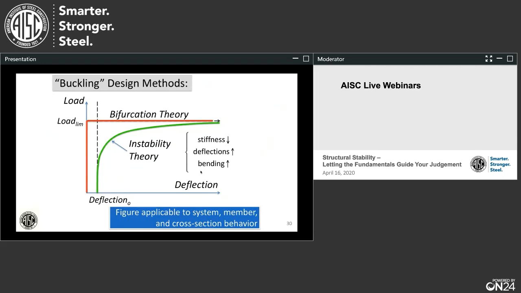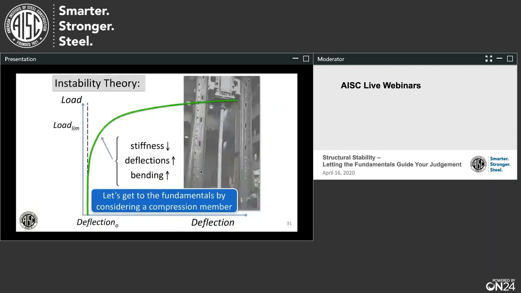The other possibility is what I'm terming an instability theory to represent buckling, and that is you start with some small imperfection, some perturbation that grows. So let's start with a column. Over on the right is a column test that was done years back at Lehigh. My plot here on the horizontal axis will be the lateral displacement, and on the vertical axis will be the applied force, the compressive force.